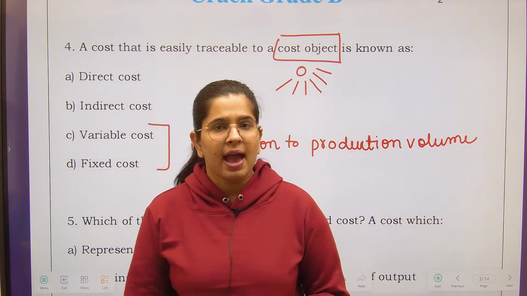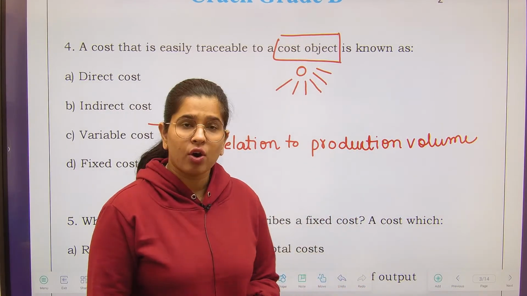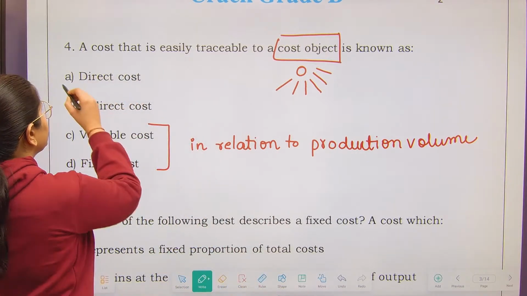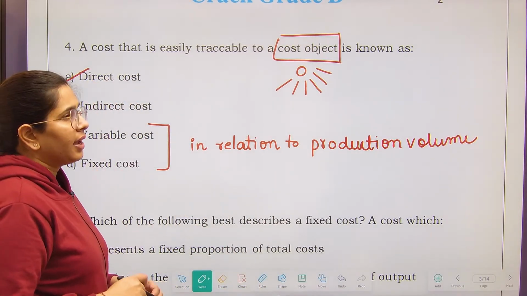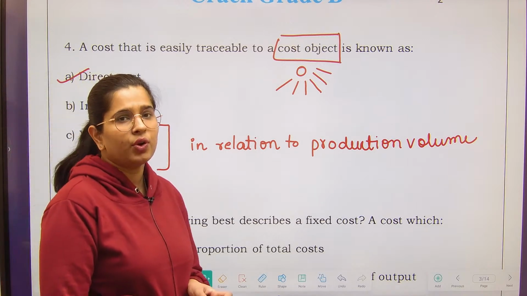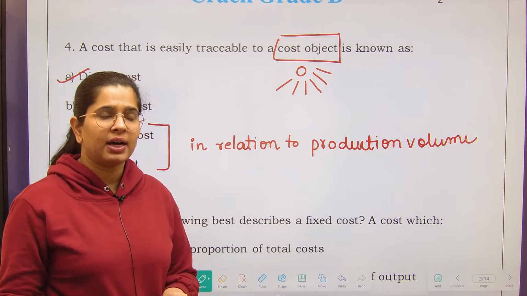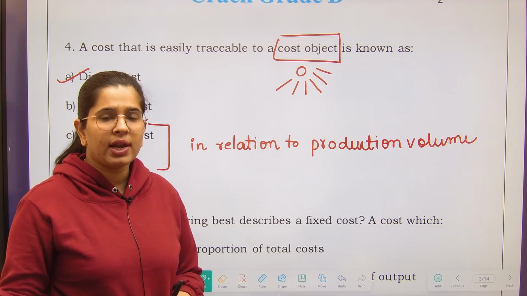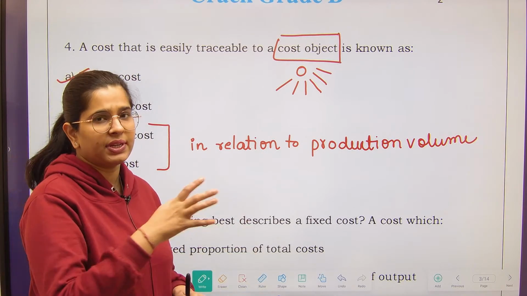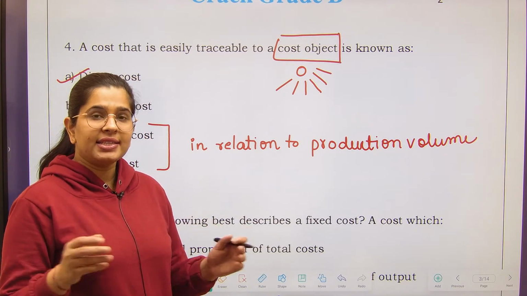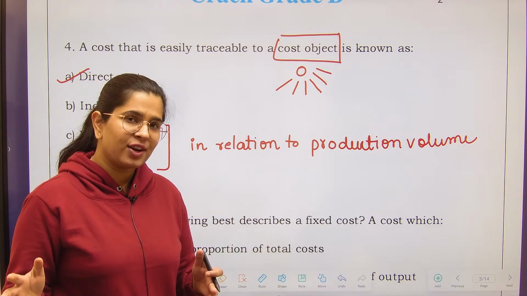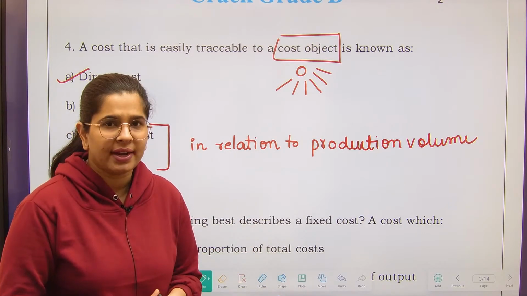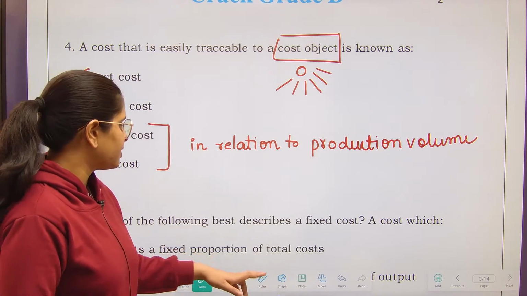Collection of cost happens. So direct cost is the cost which is easily traceable. Like if we are making biscuits, we know that this particular maida or this particular palm oil has been used for this specific type of biscuit. So we can easily trace the direct material cost with the product that we have made, right? So this is the answer for that.